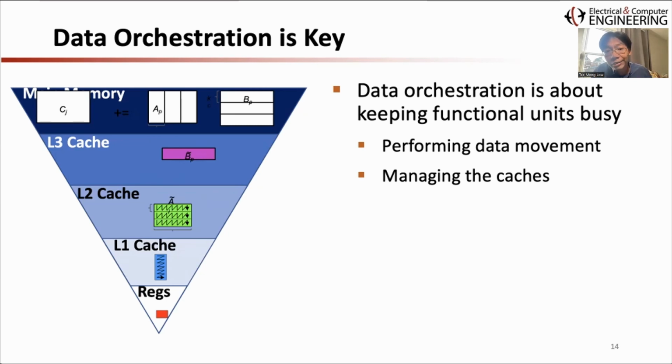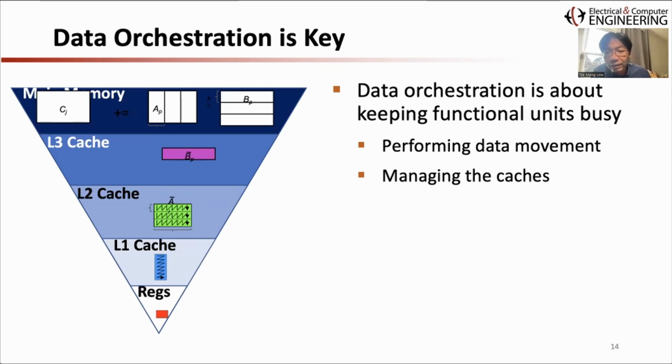Data orchestration is about moving the data as efficiently as possible from main memory or wherever it resides. It could be distributed, through the different layers of memory into the register so that the functional units can compute with them, right? So yes, data movement, as I've mentioned, is very important.